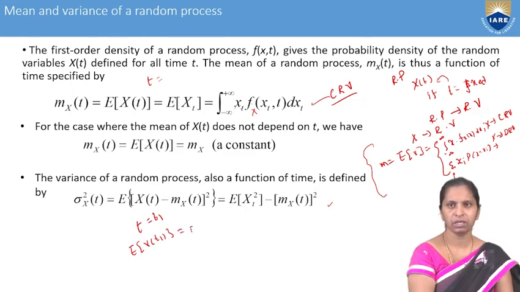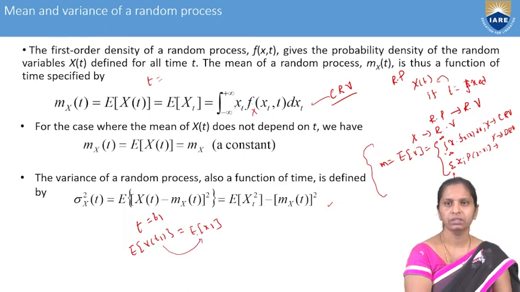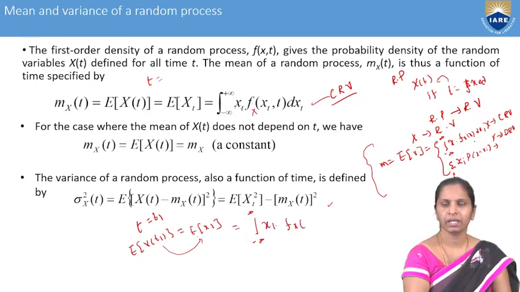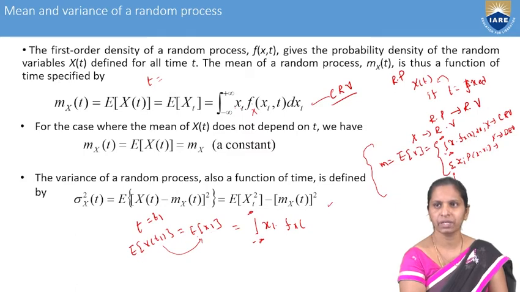So it's nothing but the expectation of x1 only, because if I fix the time at t equals t1, then this random process is becoming a random variable. So then what is the expectation of x1? In place of x, here I am having x1. Then what can I write here? Integration from minus infinity of x1 into fx, for a random variable it is called fx of x.